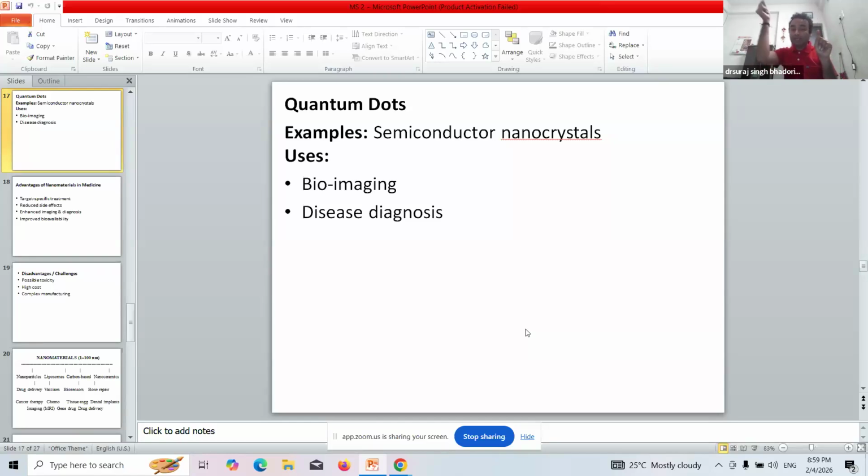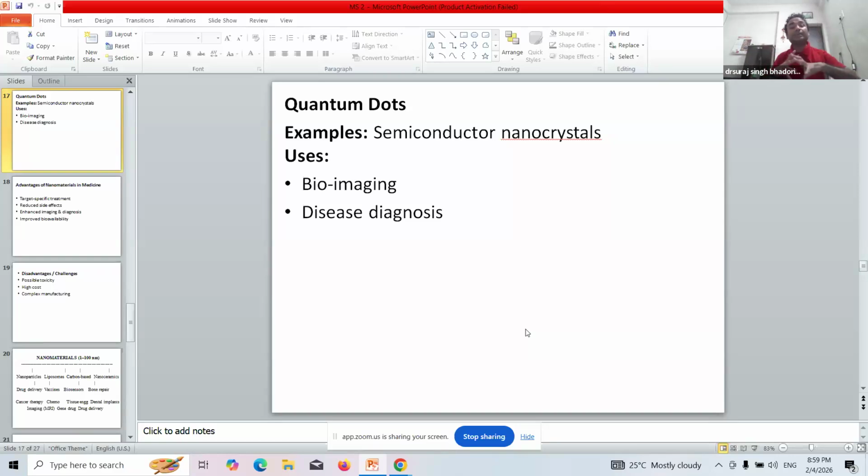In three dimensional, there is one axis along with this X and Y, that is Z axis. When these three unite together, then this 3D model is generally used for the quantum dots. This quantum dots plays a major role in bioimaging and disease diagnosis, the screening of disease. So this is the quantum dots.